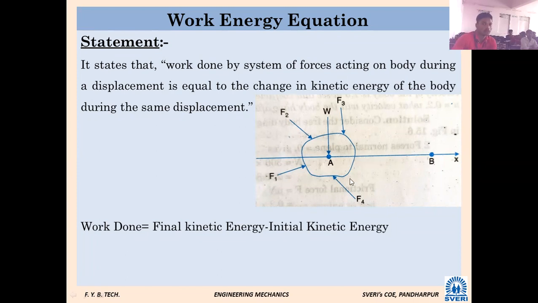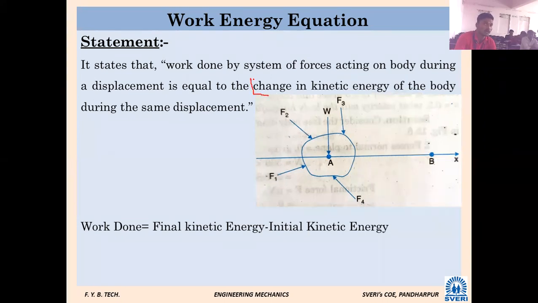Then the equation says: work done by the system of forces acting on the body during a displacement is equal to the change in kinetic energy of the body during the same displacement. So the change in kinetic energy is what we are going to call the work done by the system of forces.